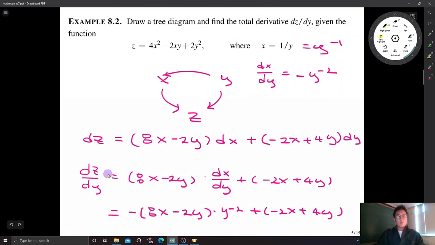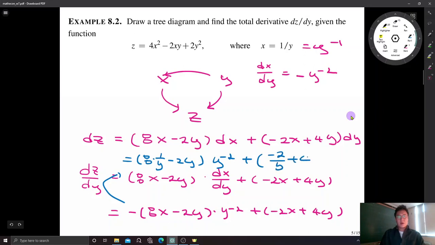But when we find dz over dy, that means we regard z as a function of y. So we may have to rewrite this as a function of y. x is given by 1 over y, so we substitute 1 over y to the power negative 2, and minus 2 over y plus 4y.